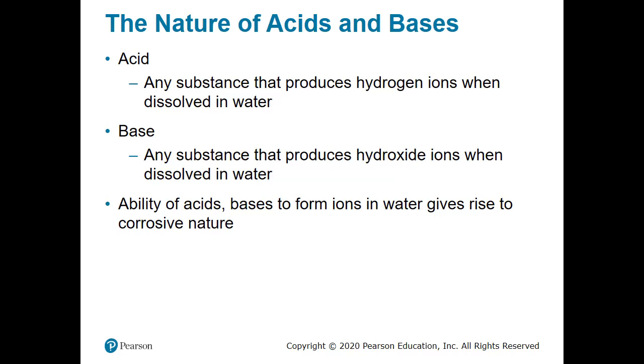When it comes to corrosives, they fall primarily into two categories. Corrosives can either be acids or they can be bases. Now, by definition, acids are substances that will produce hydrogen ions when dissolved in water.